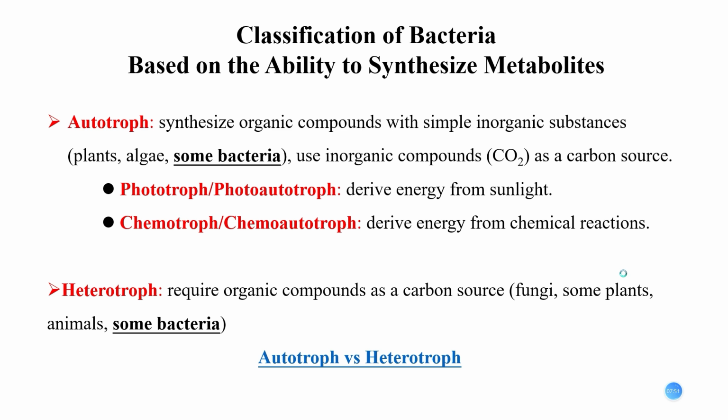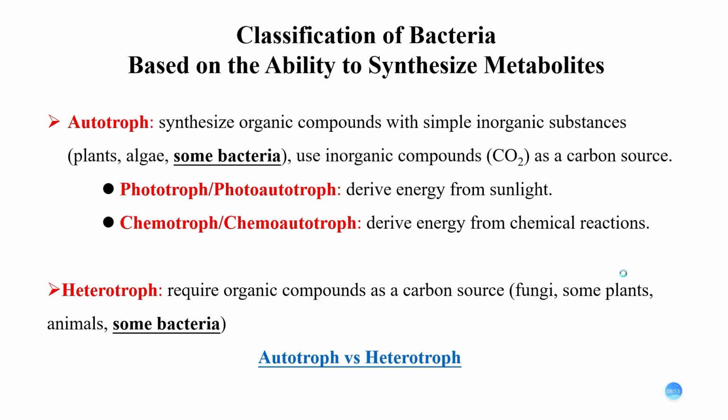Okay. And talking about bacteria and other forms of life, we want to know how they get energy. Do they get energy directly from either the sunlight or chemical reaction, or do they need to consume organic material to get their energy?